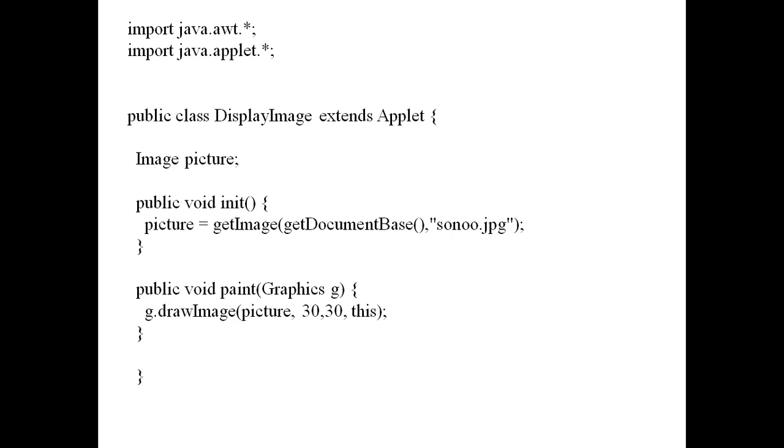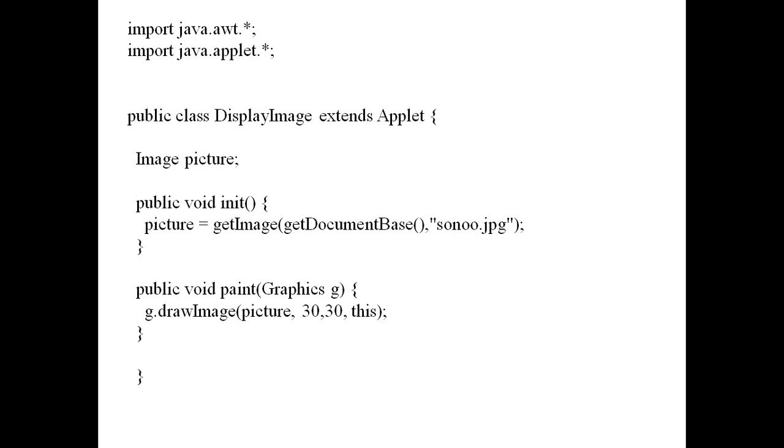So the getImage method has two parameters, URL and the name of the image. The URL can be got by using the getDocumentBase method. So getImage(getDocumentBase(), "sono.jpg") means I am going to get the object here.